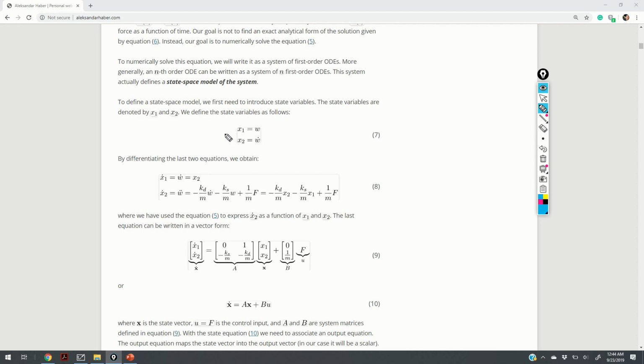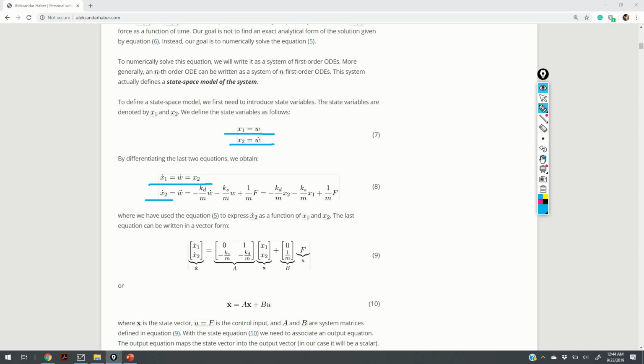Now, taking the derivative of the first equation in equation 7, we obtain that the first derivative of the first state variable equals the second state variable. Now, the first derivative of the second state variable from equation 7 is basically the second derivative of the displacement variable. That is the acceleration.